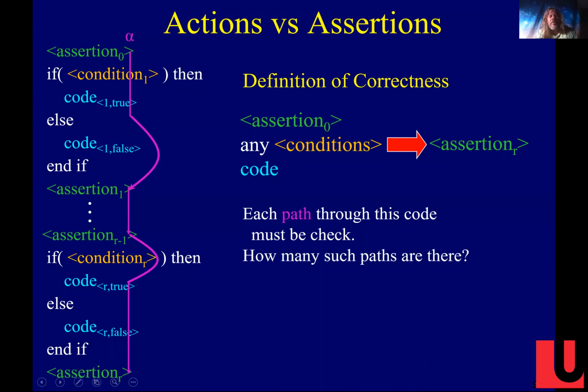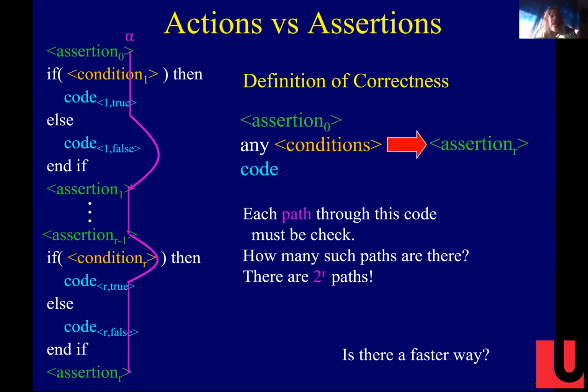There are 2 to the R paths through this code. Everybody follow that? If we were going to do proof by cases, it's not the running time of the code that we're concerned about. It's the running time of my proof. My proof will have 2 to the R cases, and I don't want to do that.